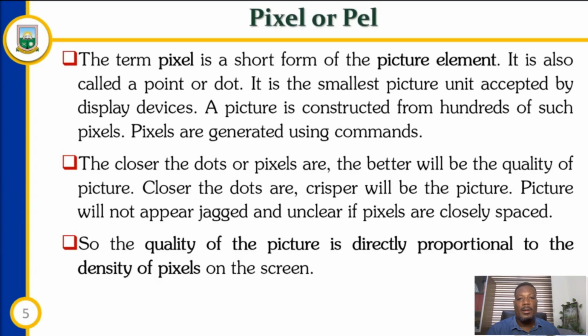A 1080p monitor tells you that the picture or graphic object being displayed with this type of display unit has very high resolution, or a very high density of pixels. So you have lots of pixels coming together to display an image or an object on this particular screen.